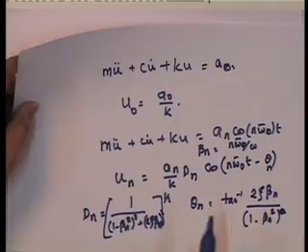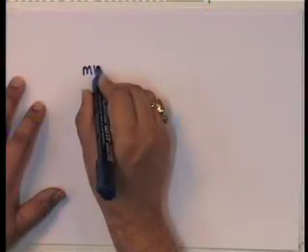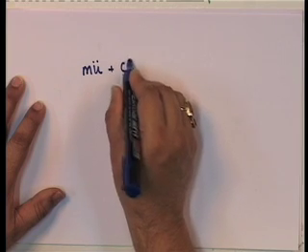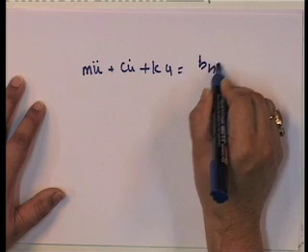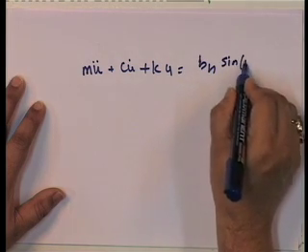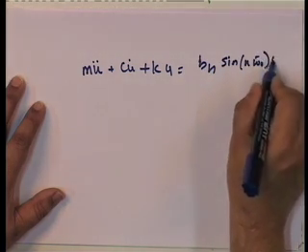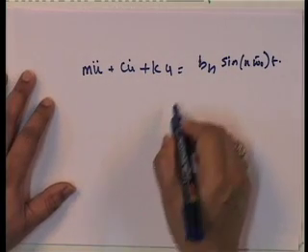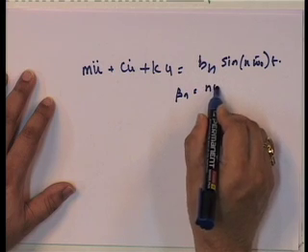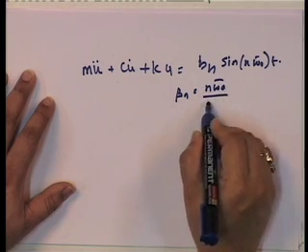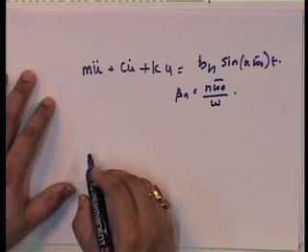Similarly, the final one is the solution to the sine. What is the solution to M u double dot plus C u dot plus K u is equal to B n into sine n omega 0 t, again taking beta n to be the same value, n omega 0 upon omega?